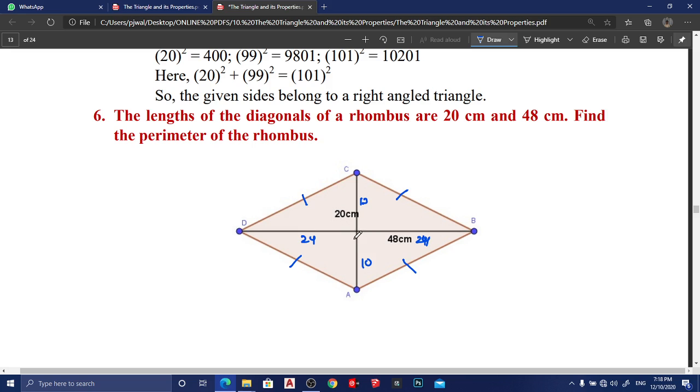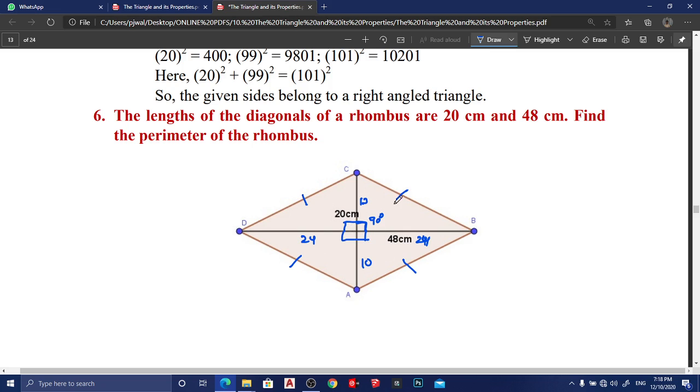And also one more property is, always the diagonals intersect at an angle of 90 degrees. This is very important here. By a 90 degrees angle they will intersect each other. So by observing, the rhombus is divided into 4 equal right angle triangles.